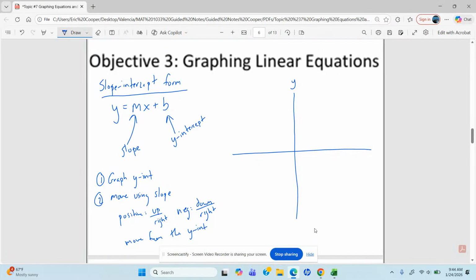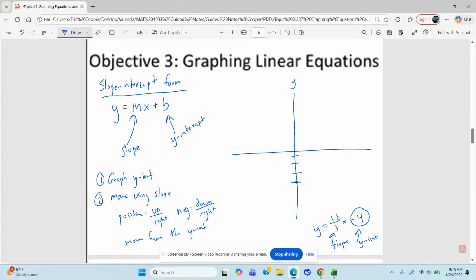So for example, if I wanted to graph y equals 1 over 3x minus 4. Negative 4 is our y-intercept. That's telling me I need to start 4 below the x-axis. So we'll go down here and we'll find 4 points below. 1/3 is our slope. In this case, it's a positive slope.